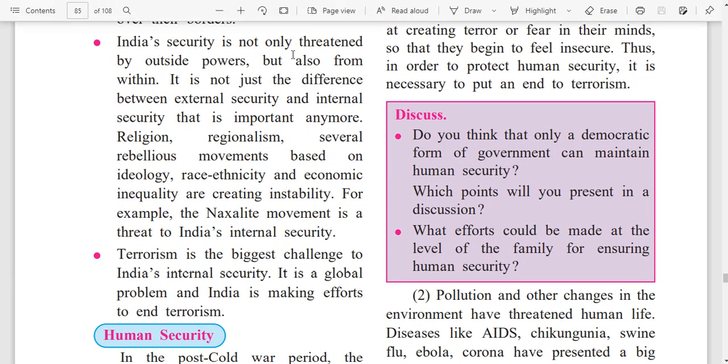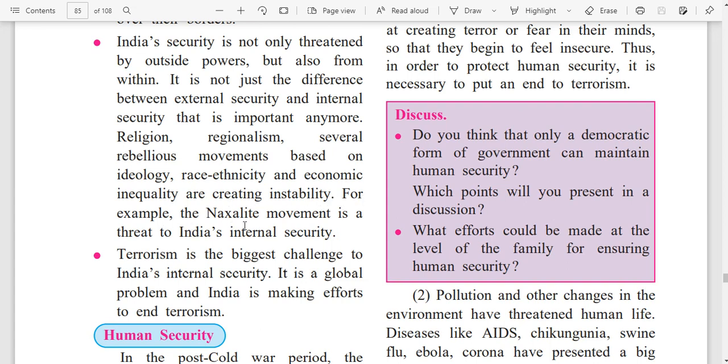India's security is not only threatened by outside powers but also from within. It is not just the difference between external security and internal security that is important anymore. Religion, regionalism, several rebellious movements based on ideology, race, ethnicity, and economic inequality are creating instability.